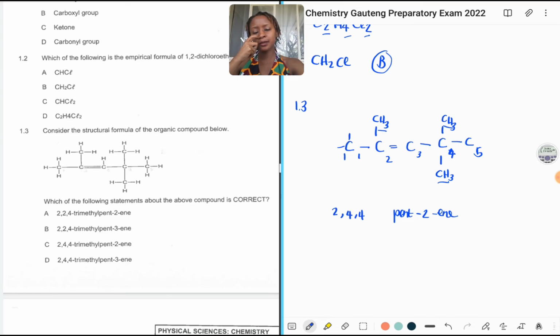So 2, 4, 4, and because there are 3 of them, it will be trimethyl. So trimethylpent-2-ene. If you look here, 2, 4, 4 is C and D. And then we have trimethyl pent-2-ene, because we're counting from left to right, and that would be C.